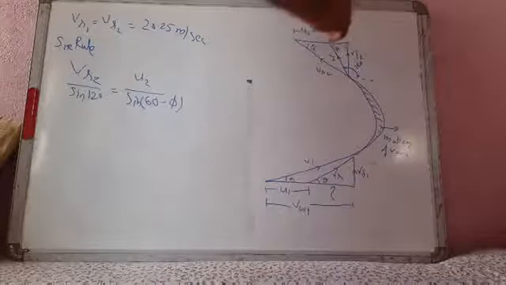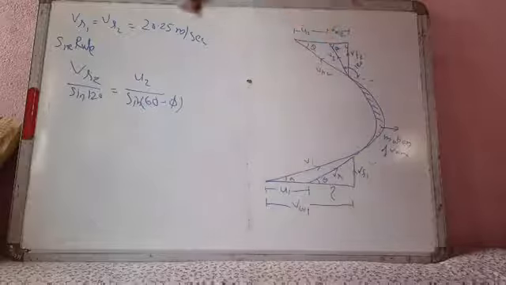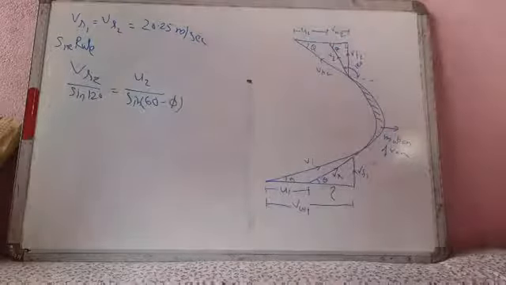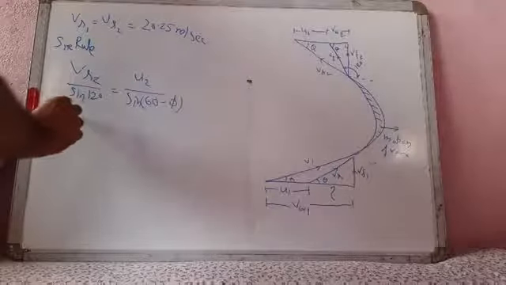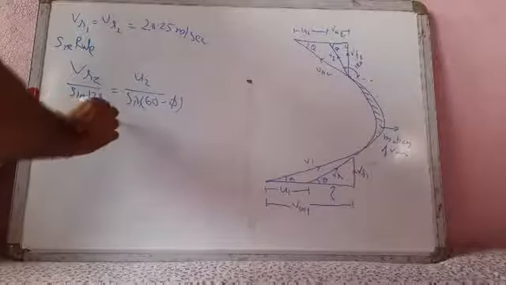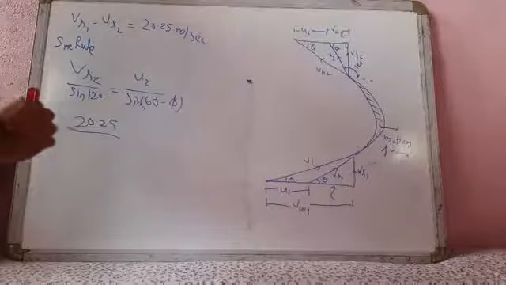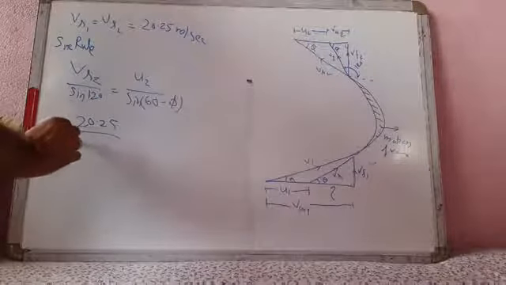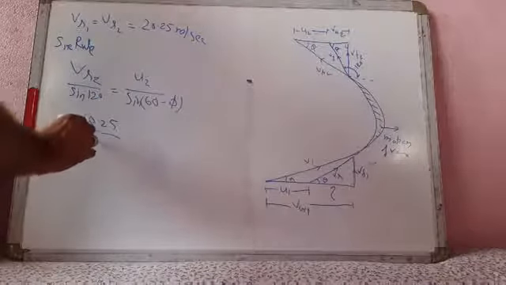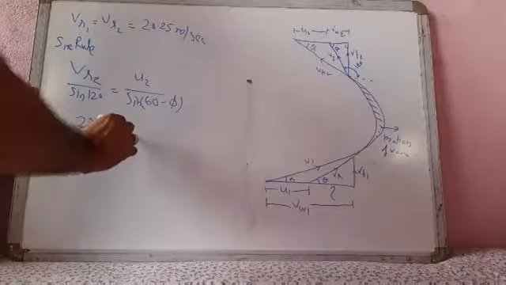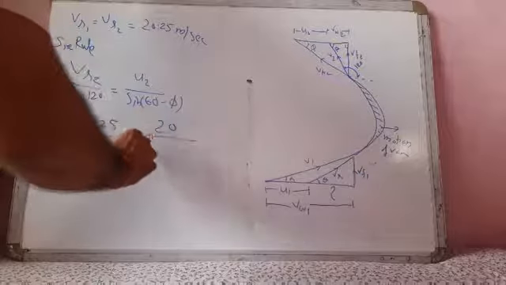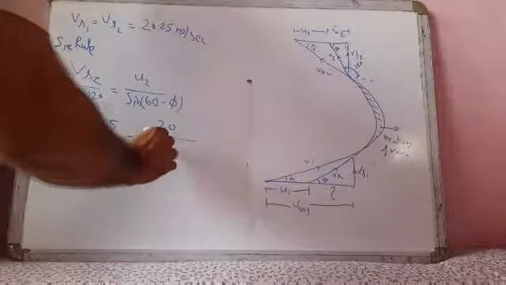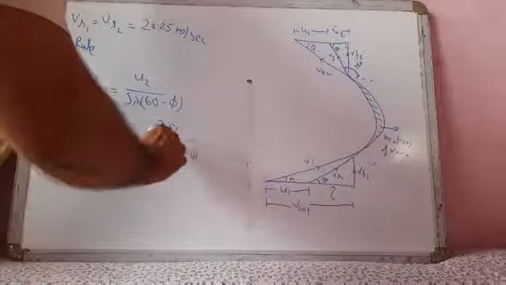This angle is 60 degree. Now putting the values, 20.25 by sine 120, value of sine 120 is 0.866, equal to U2 is 20 by sine of 60 minus phi.